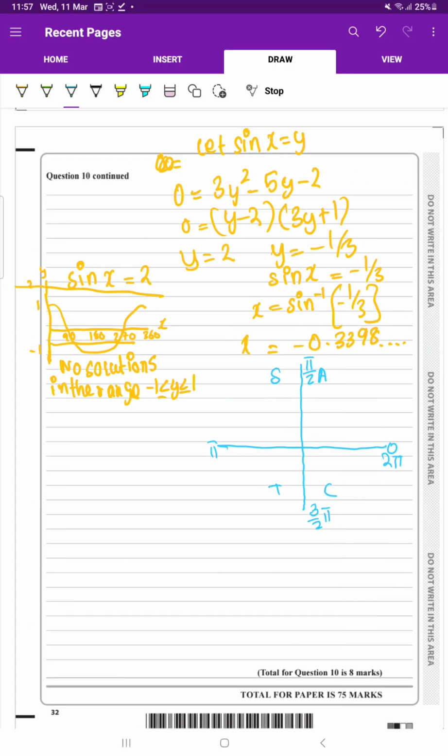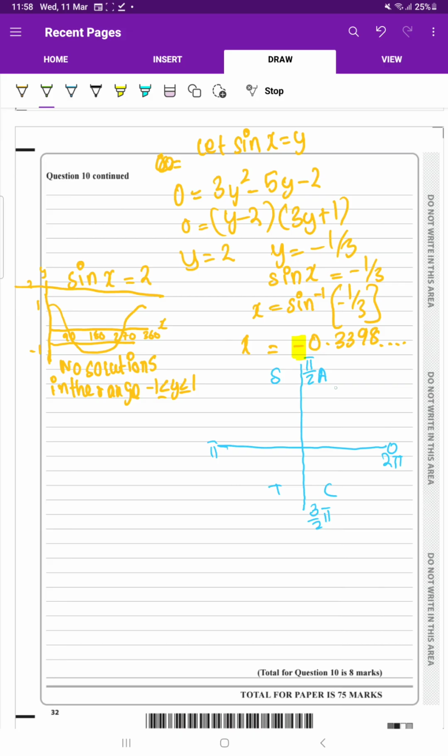Now since the answer we got is negative, we have to select the quadrants where sine is negative. The CAST tells us where the trigonometric ratios are positive.